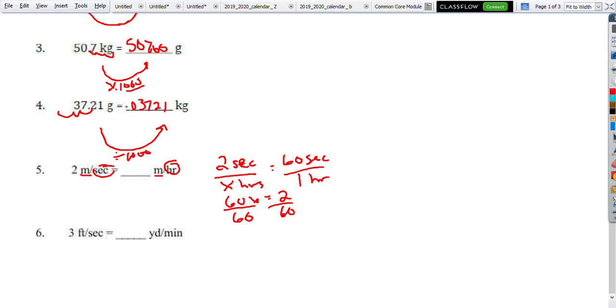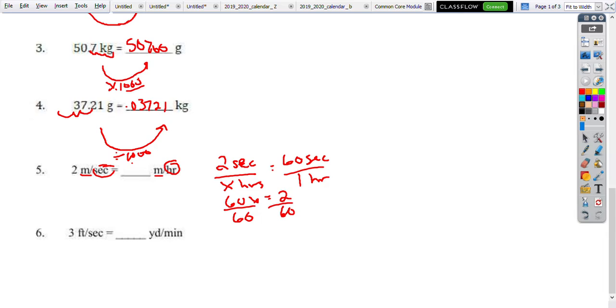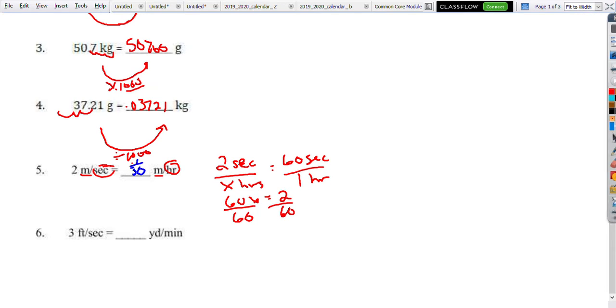And I get essentially 1/30th of meters per hour, sorry. Which is essentially 0.03 repeating.